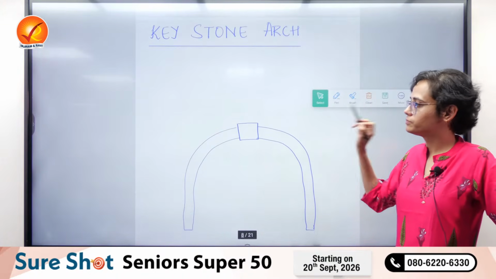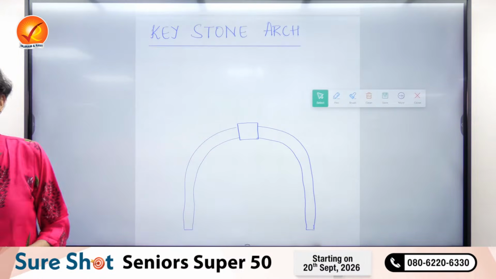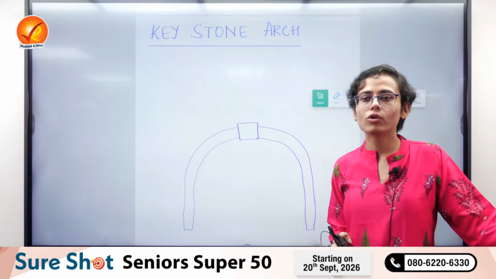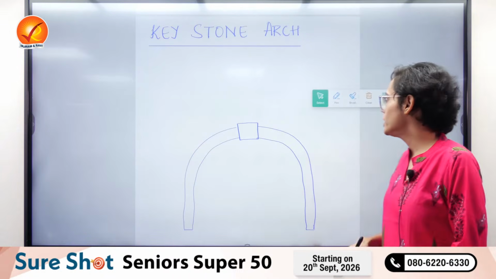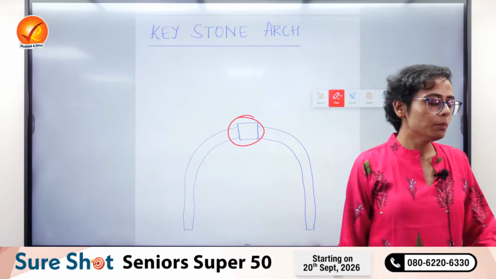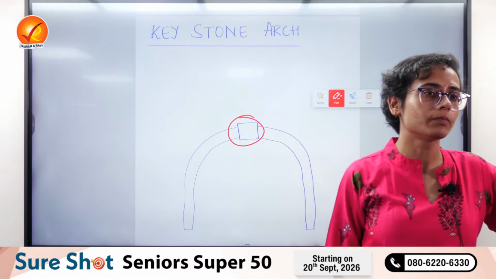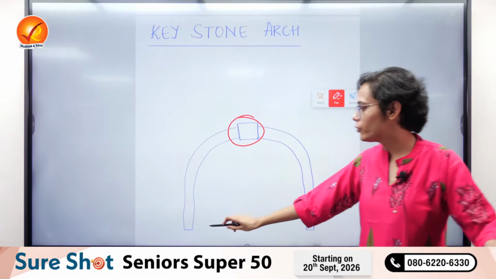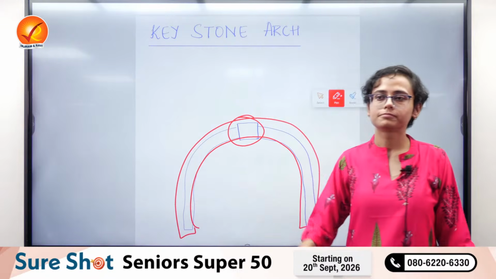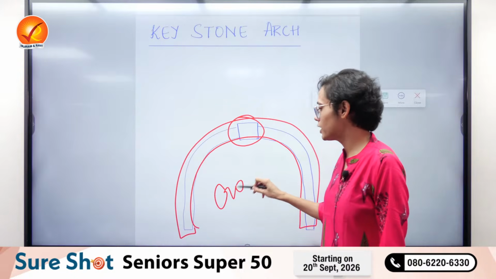Keystone arc, a bit unique. Keystone arc is where you want to show the importance of any particular body or phenomena or institution that is important for the upkeep of this particular pillar. Example, this is the pillar of governance, let's say.